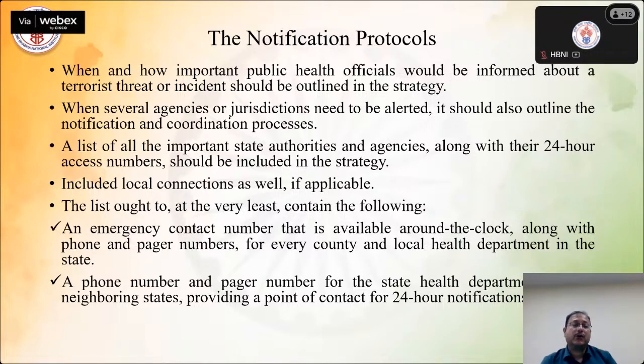Not only for the evacuation and rescue part, but if they are safe they could also contribute with the help of available resources. For example, they can bring water, they can bring some curtains, they can bring something which they have. The list should at the very least contain the following: an emergency contact number that is available around the clock, along with the phone and mobile or pager numbers for every county and local health department in the state, and a phone number and mobile number for the state health departments of all neighboring states, providing a point of contact for 24-hour notification.